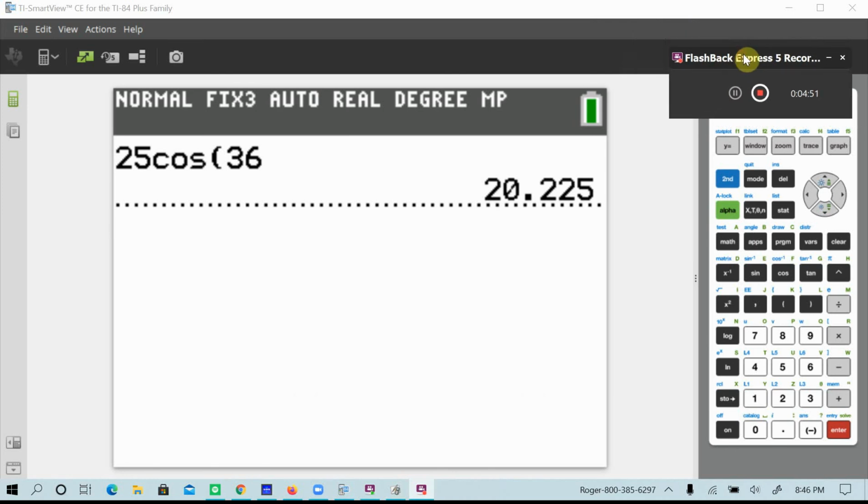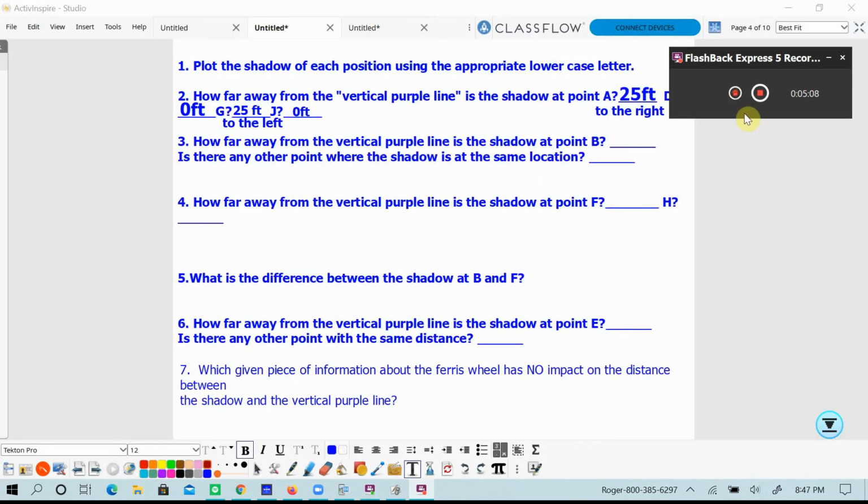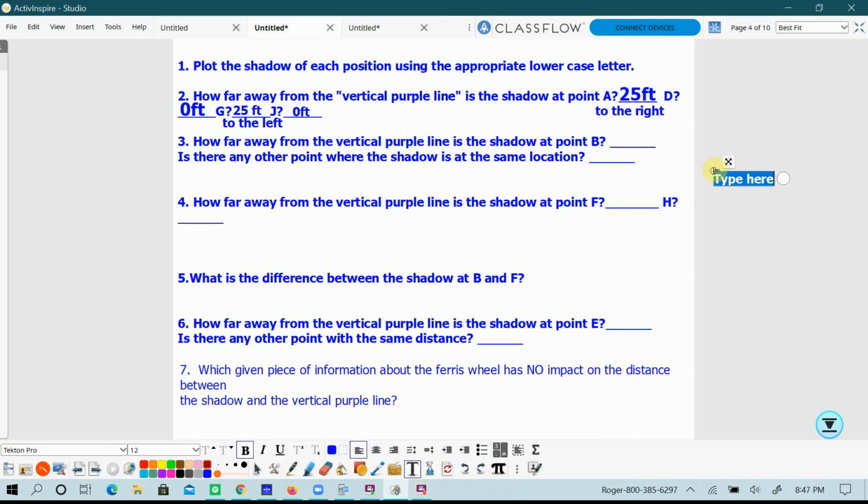Next, you go to your calculator and you type in degree mode, 25 times cosine of 36, and you should get your horizontal distance from the vertical line to the shadow of seat B at 20.225 feet. So we'll write that in, but we will acknowledge that it is to the right, since it's to the right of the vertical purple line.